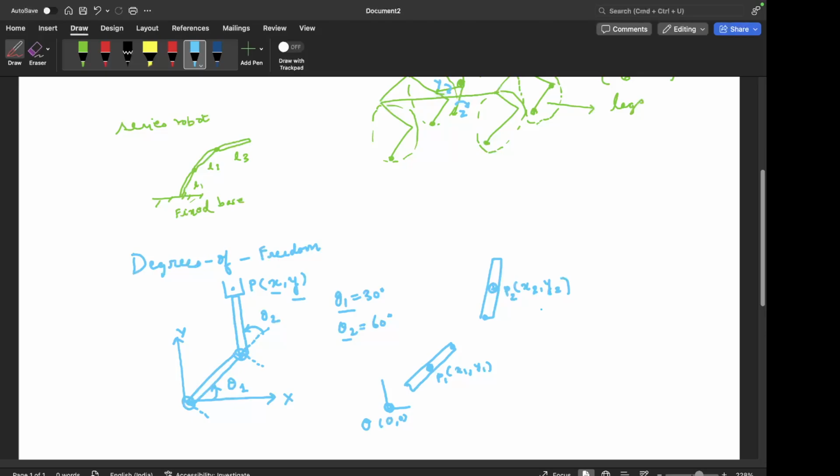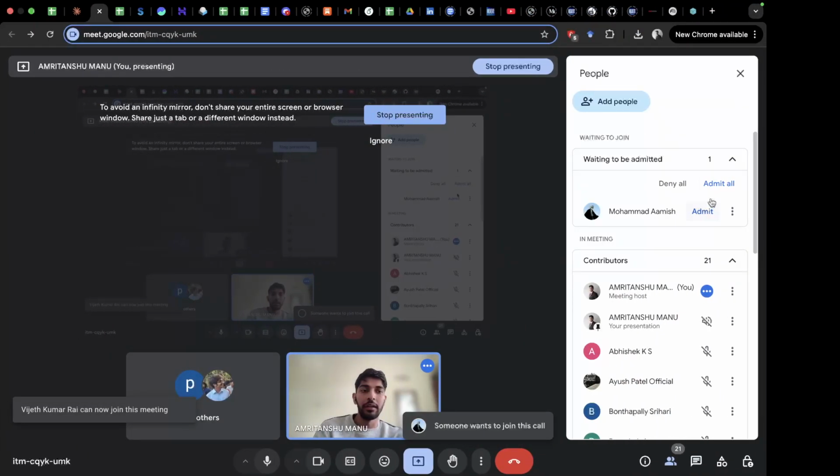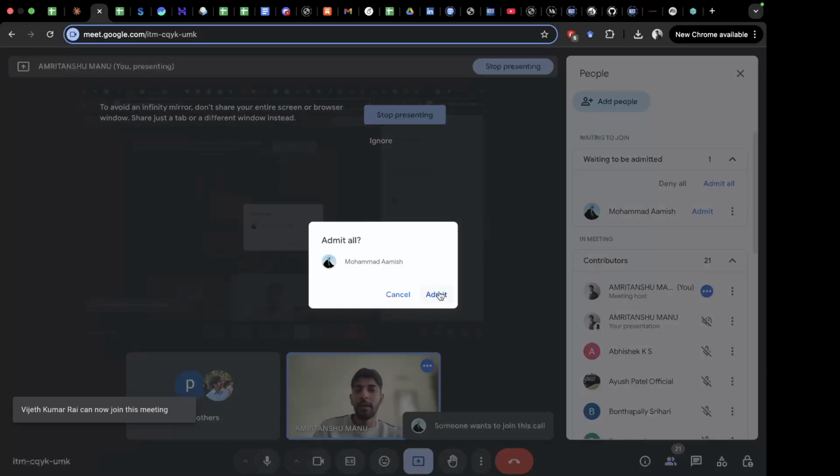So we have two joints, and the joint constrains the way in which these links can move. So it's not possible that I can arbitrarily move the second link anywhere in the space while also ensuring that the links are joined, right? Am I clear in my point?